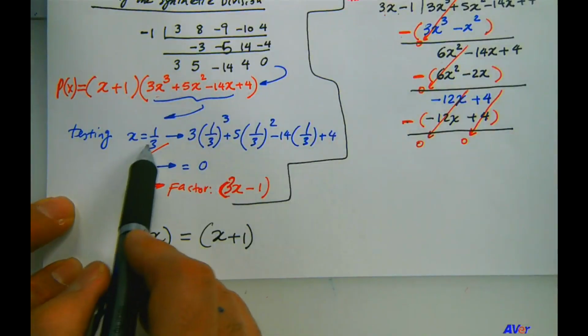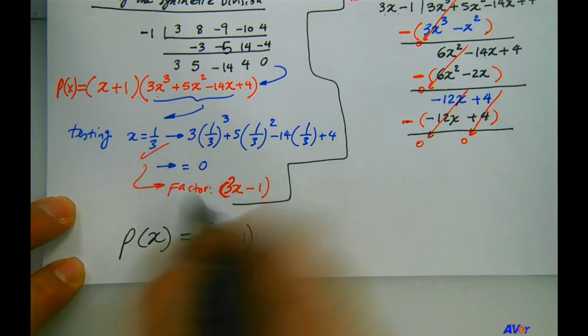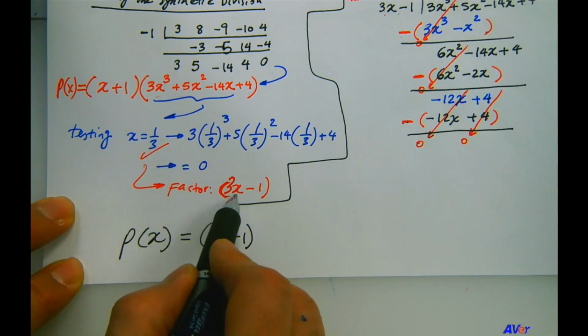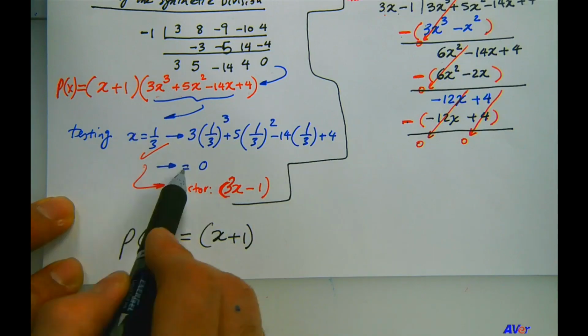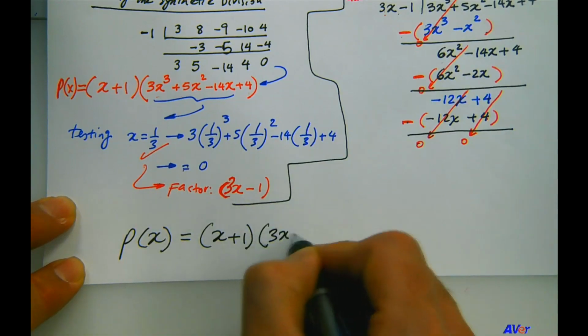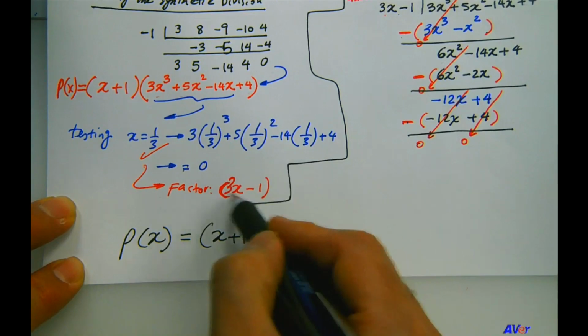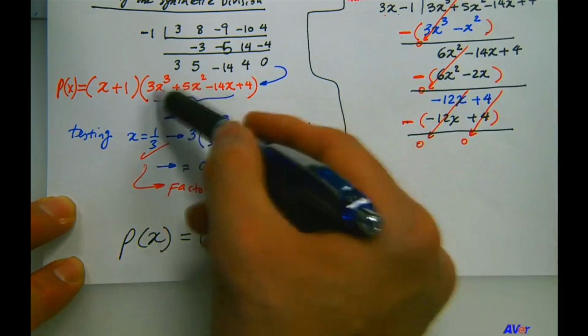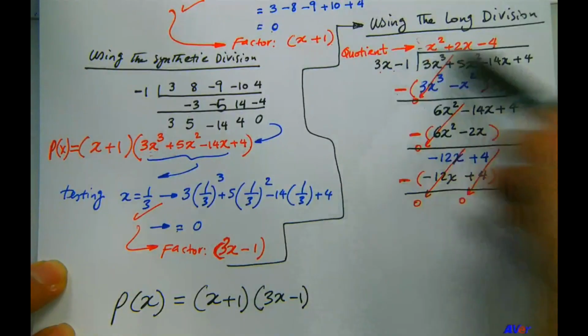So if you plug in x equals 1/3, you end up with 0. And we ended up with this factor. Once we found another 0, we found another factor, which would be 3x minus 1. And we used this as a divisor for this polynomial, and we found the other factor, which is this whole quotient.